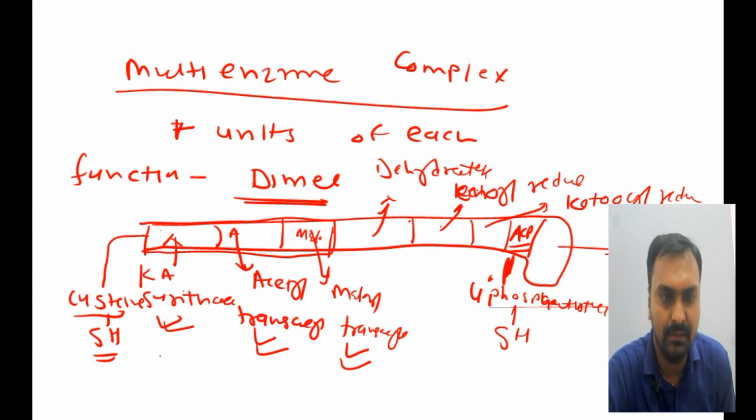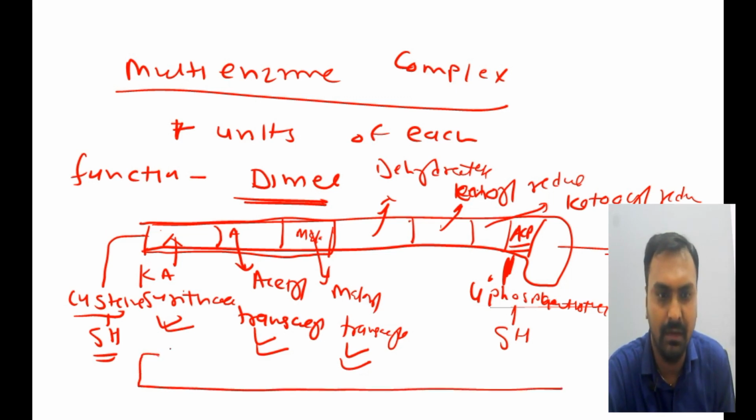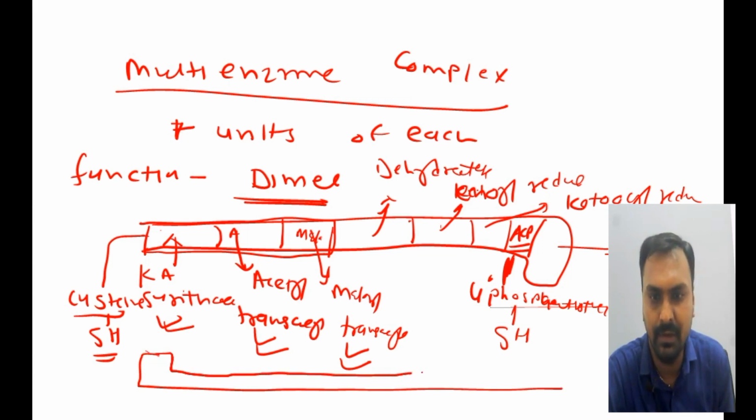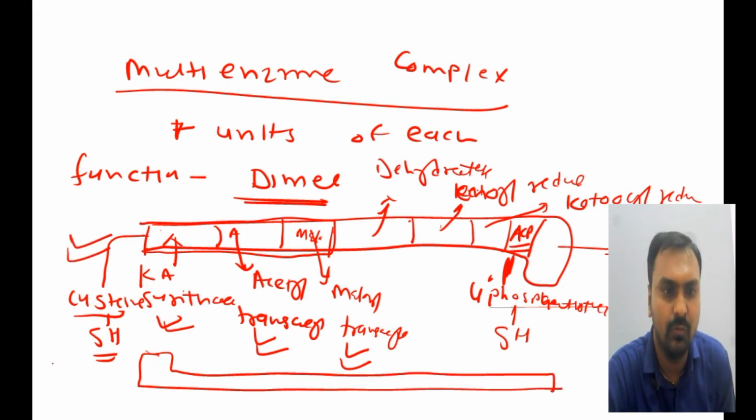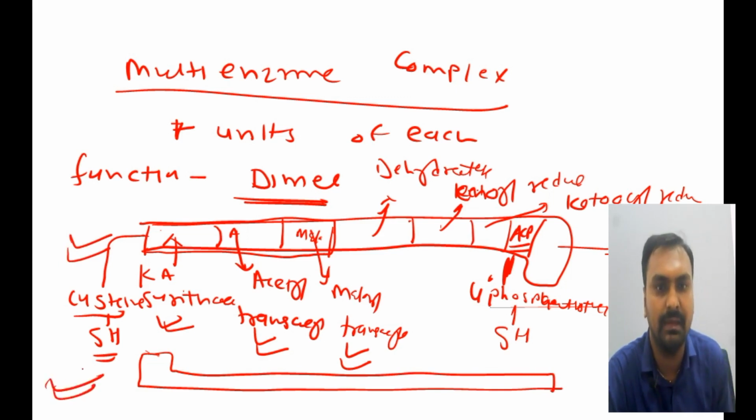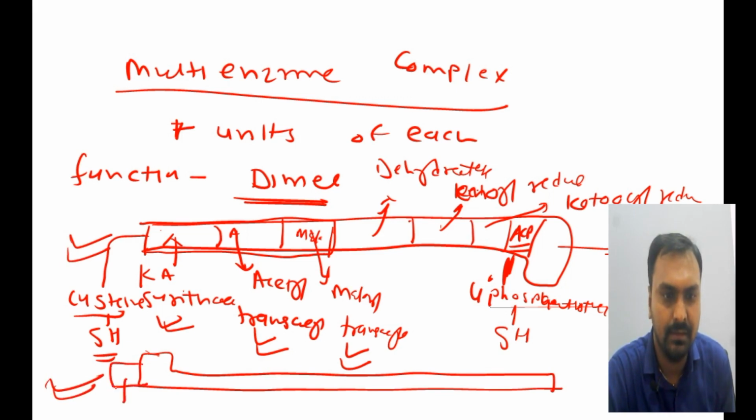And again, like DNA antiparallel, here also there are 7 enzyme units. So there are 2 monomer units in the fatty acid synthase complex, and the functional unit is a dimer. So we will see that here. Suppose this is the head and this is the tail.